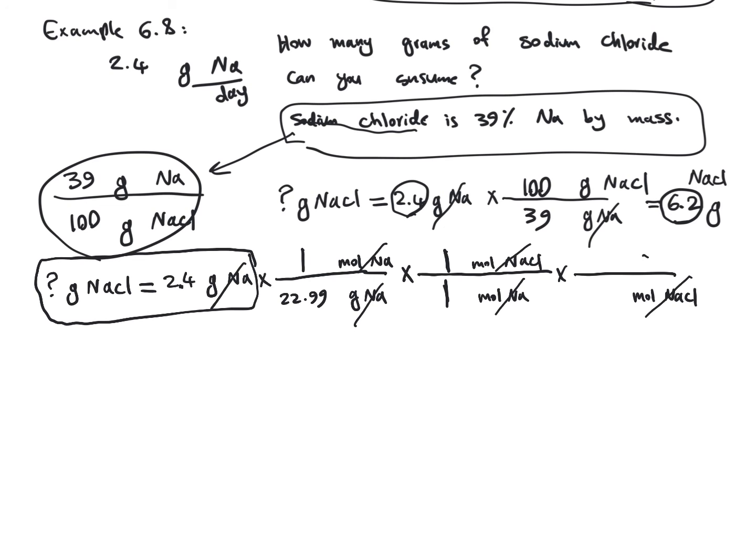Exactly. And then again, you remember that for calculating formula mass, which is the same as your molar mass, you come here, you write down the value of Na and the value of Cl, right? So your Na is 22.99, and then Cl.